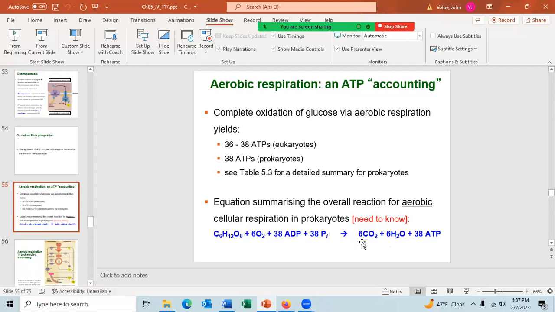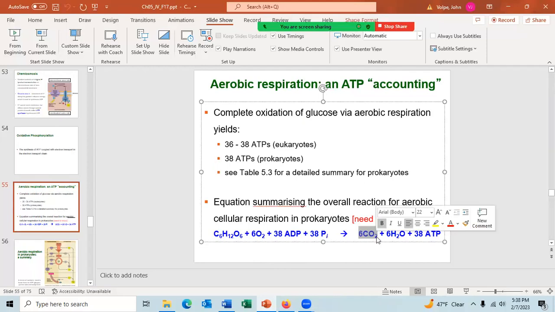All of the CO2 comes from the burning of glucose. And the burning of glucose happens in the preparatory step and the Krebs cycle. So all of the carbon in glucose is burnt into CO2, and none of the CO2 comes from the oxygen we breathe in.